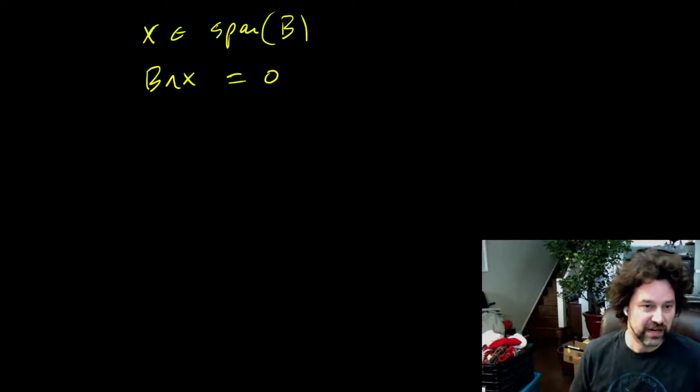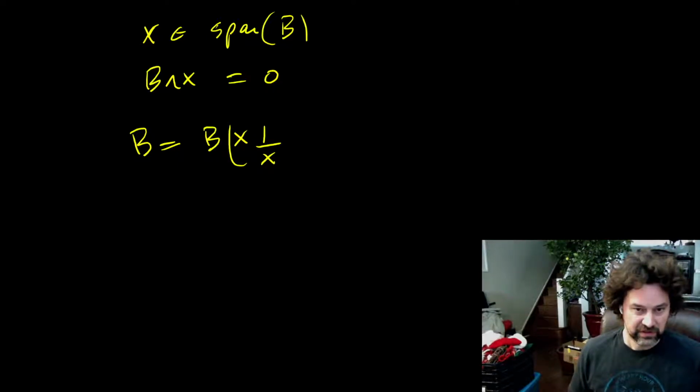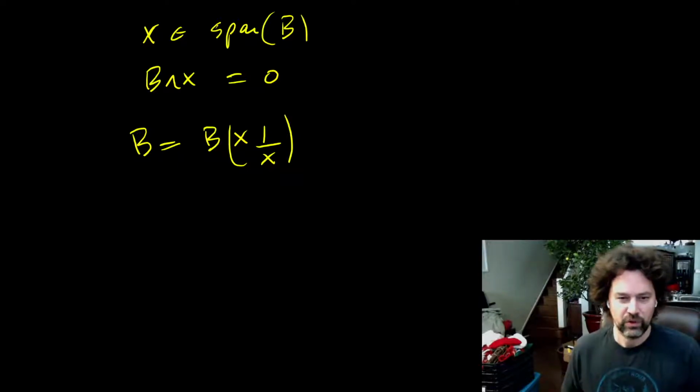So what happens now, we can decompose B into a factor that includes x and a factor that does not include x. And all we have to do is write B times 1, and we write 1 in a very special way as x divided by x. There's a whole pile of mathematics where it's really useful to multiply by 1 in very special ways.